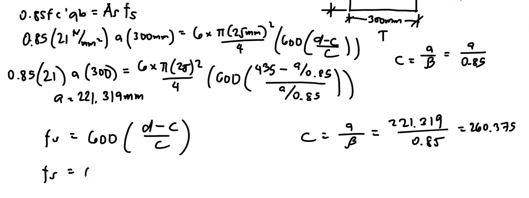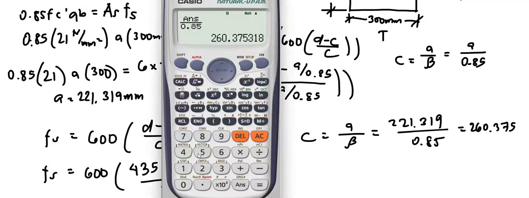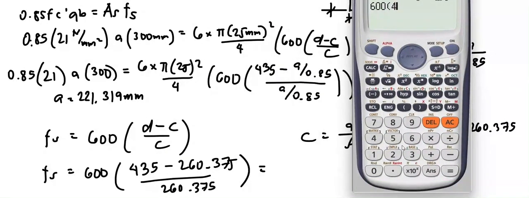So we have Fs that is equal to 600 times an effective depth that is 435 minus c, that is 260.375, all over 260.375. Solving for Fs, we get 600 times 435 minus c over c.